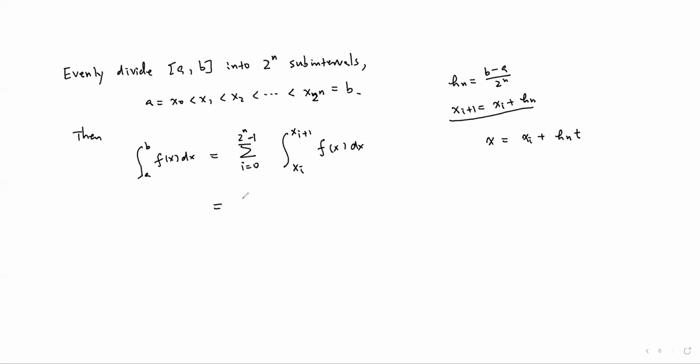After the change of variable, when t is 0, x is x_i, and when t is 1, x is x_{i+1}. So the integral becomes the integral from 0 to 1 of f(x_i plus h_n t), and dx is h_n times dt.